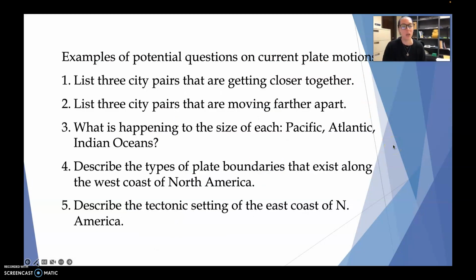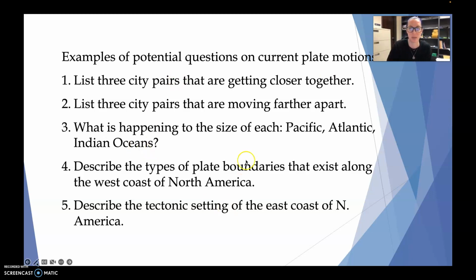Alrighty, so these are just some examples of potential questions on plate motions, things that we've talked about throughout. Basically, considering pairs of cities that are either getting closer together or further apart. Considering what's happening to the sides of the Pacific, the Atlantic, and the Indian Ocean from the movement of the plates as they are currently moving.